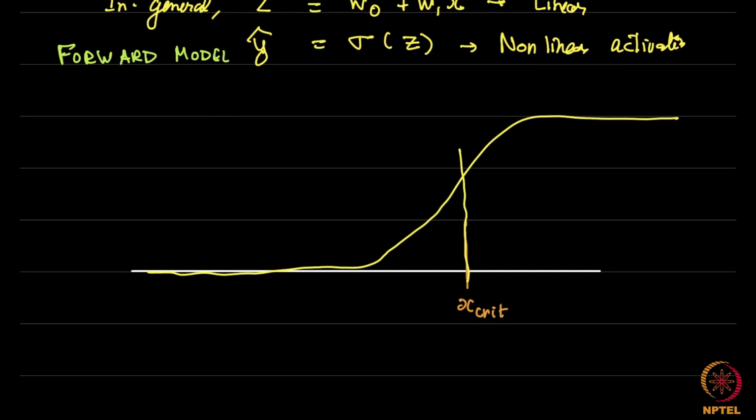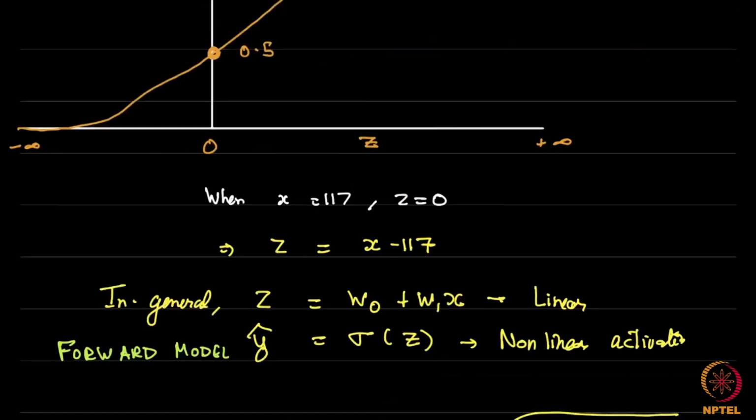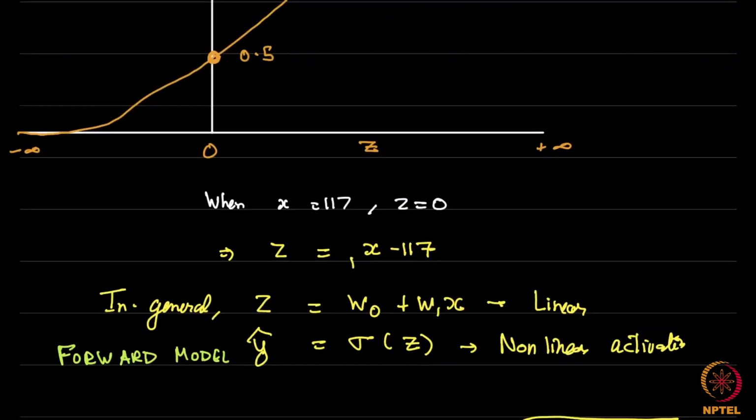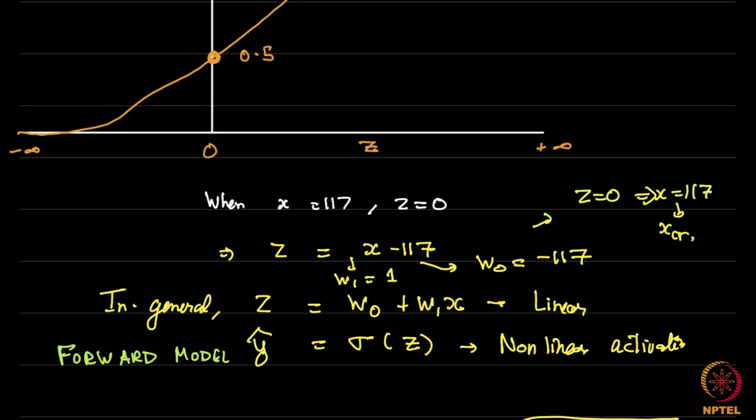Now, Z is, like I said, W0 plus W1X. In our example here, you can see W1 is 1 and W0 is minus 117. So when you set W1 to 1 and W0 to minus 117, you immediately get Z equal to 0 means X equal to 117.